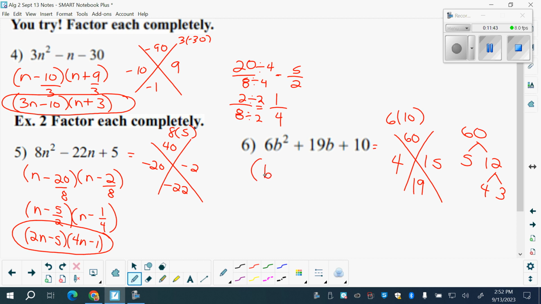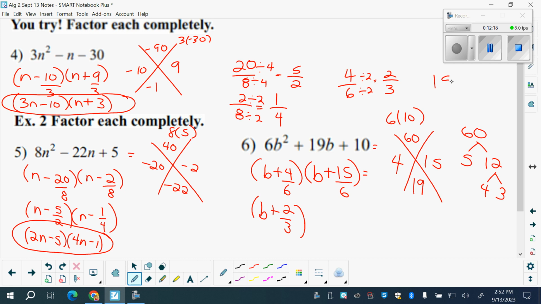So again, we have b plus 4, b plus 15, and we divide each one by 6. This leading coefficient here, 6. So now we simplify 4 over 6. 2/3. So if you can do that in your head, please do. I always write it up here. So this gives us b plus 2/3.